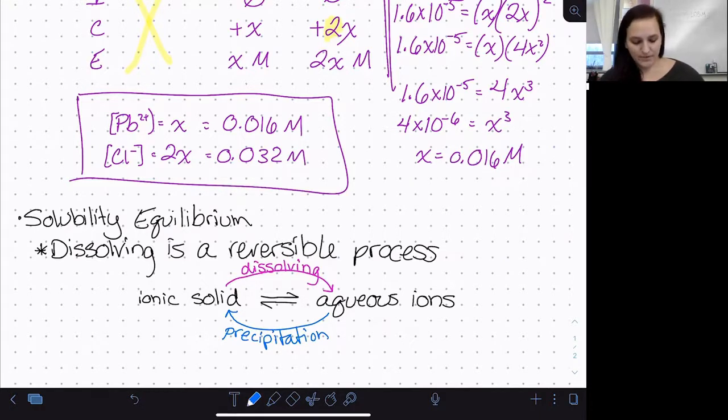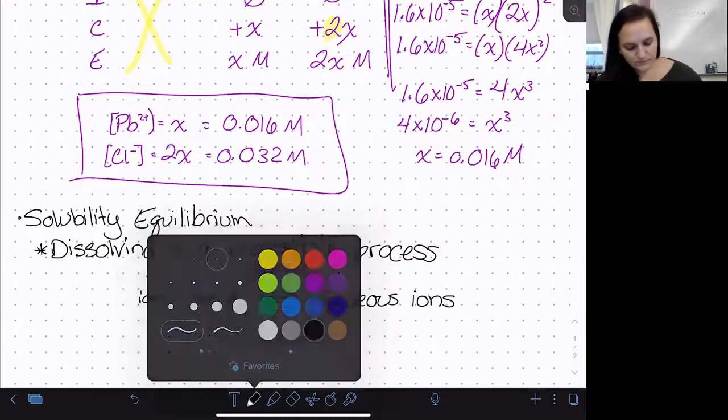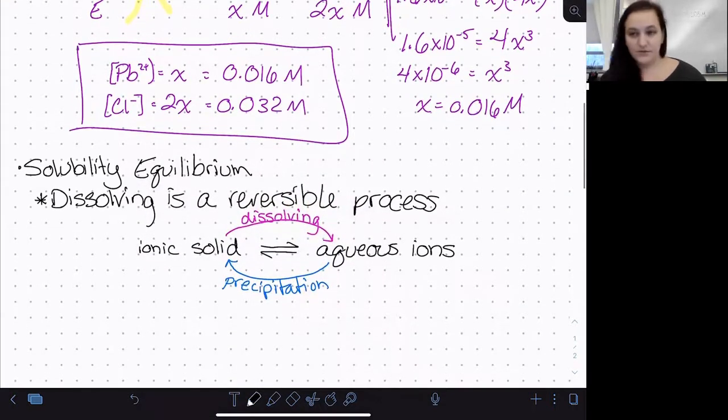And what we're really representing for this type of system to be at equilibrium is a saturated solution.